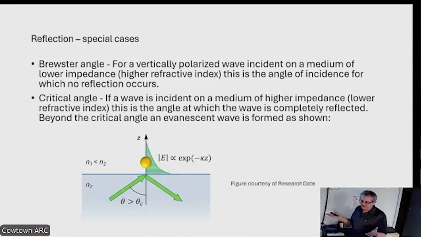And this is an important property that's used in Polaroid lenses, for example, sunglasses, anti-glare type devices. And so it can also convert, let's say, a circularly polarized wave into a linearly polarized wave, because, especially if you're counting on the reflected part, in the case of the Brewster angle, it will only reflect the horizontally polarized component.